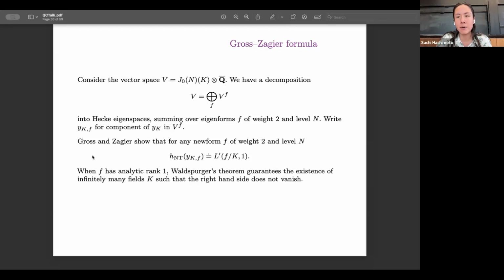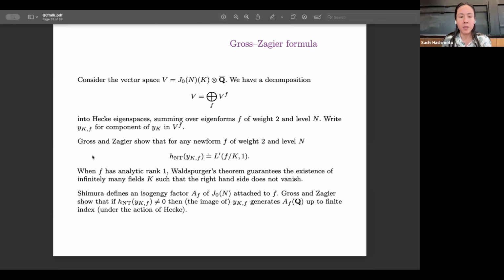To be a little more specific about what exactly the Heegner points are generating, recall that there's some isogeny factor of J_0(N) attached to this newform f. Shimura calls it A_f. When this Néron-Tate height of the f-isotypical component doesn't vanish, then the image of the trace of the f-isotypical component actually generates the Mordell-Weil group of A_f up to finite index.